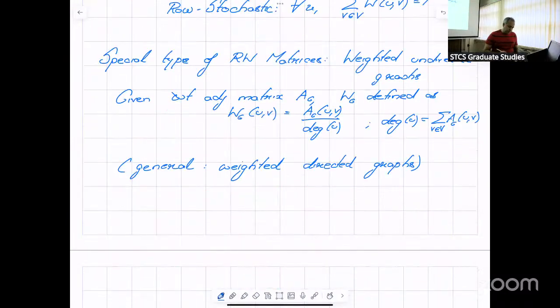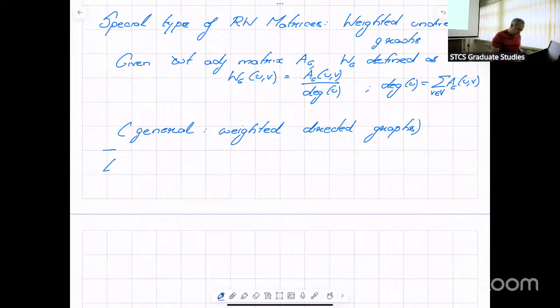And we had seen two types of operations: left and right multiplication.